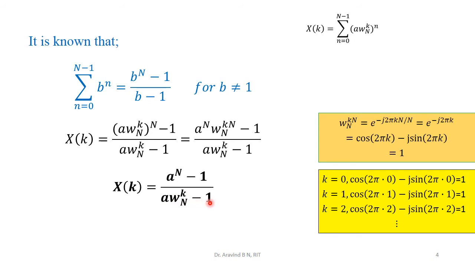So again I want to remind you that for the twiddle factor omega N, if in the power there is capital N, then by default the twiddle factor value will be equal to 1.